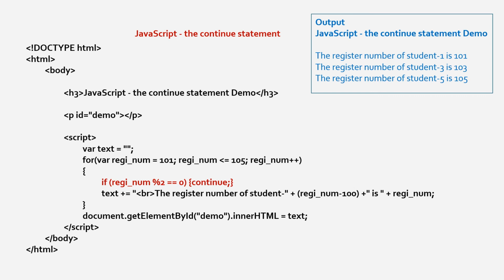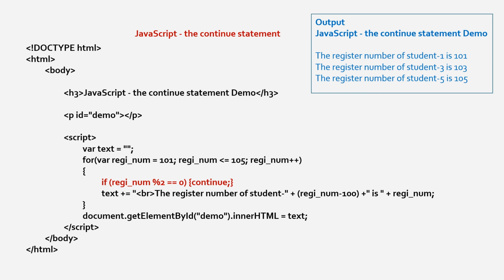First, register number 101, that will check whether the modulus value is equal to 0 or not. No, that is an odd number. So this particular statement, continue, will not be executed, and register number 101 will be printed.